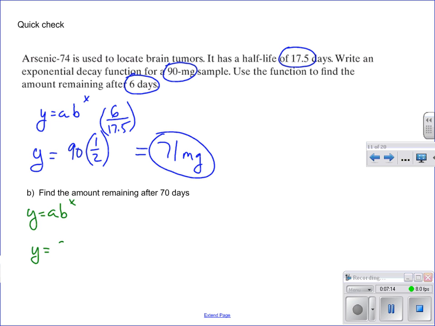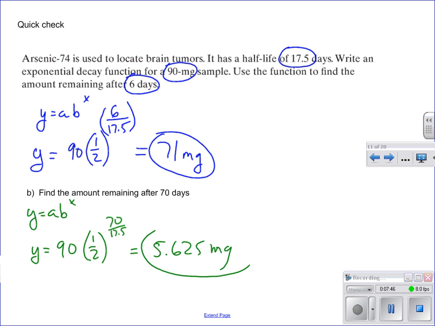Because y equals 90 times 1/2 to the 70 divided by 17.5, which is just 4. So basically 4 half-lives. You could do this manually or in a calculator, and either way you get 5.625 milligrams of arsenic 74 left over.